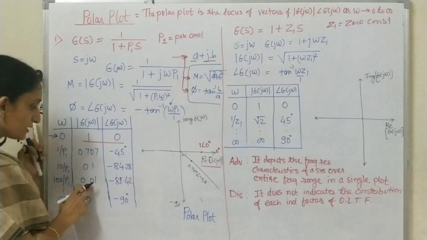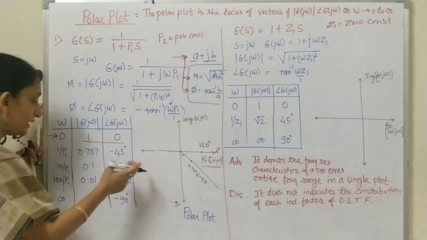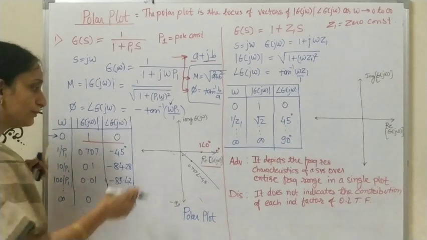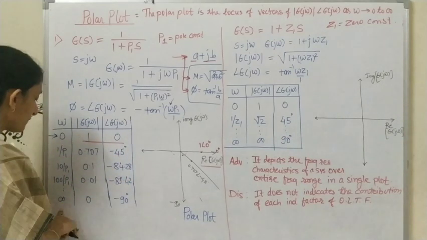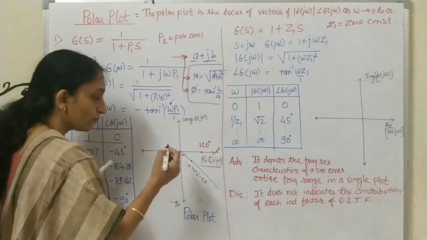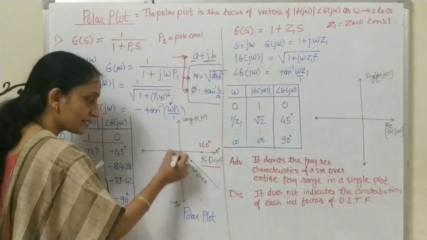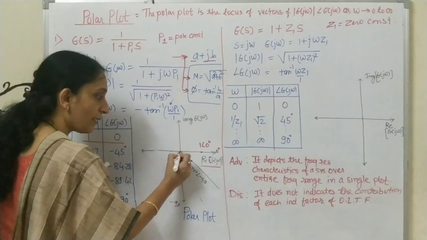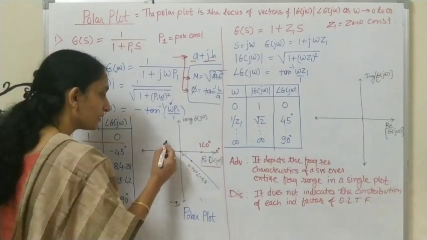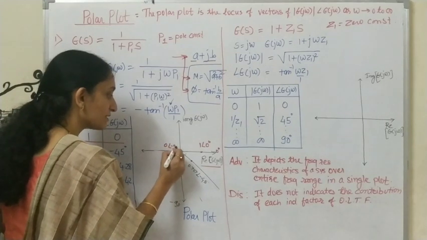And last point, 0.01, I am unable to show 0.01 at an angle of minus 89.42 because the scale is very small. So I will take the last point as 0 at minus 90 degree. On the minus 90 degree line, the magnitude is actually 0. So my last point is 0 at an angle of minus 90 degree.